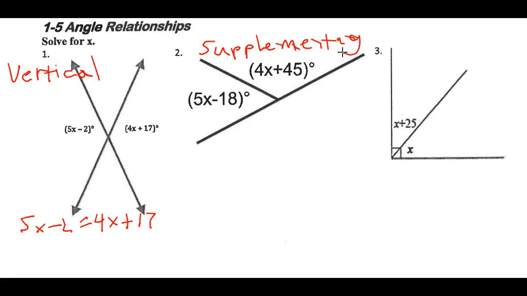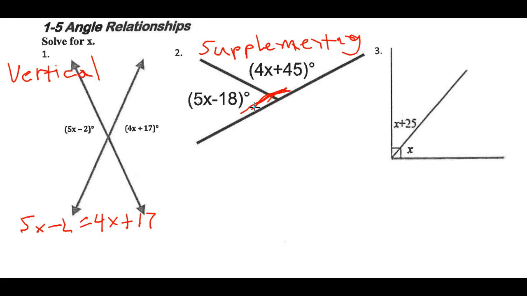Okay? And over here, these are supplementary angles. Sorry for the scribble scrabble there, it's kind of hard to write with the stylus, but what we should know about supplementary angles is that they sum to 180. I do not want to set these two equal to each other. They don't look like they're equal to each other, and they are not.